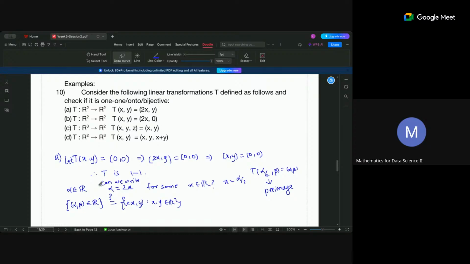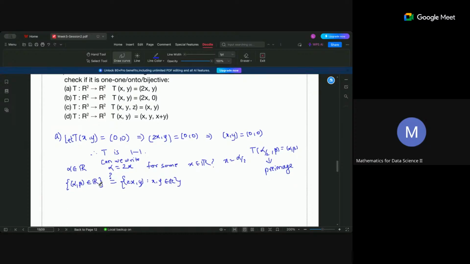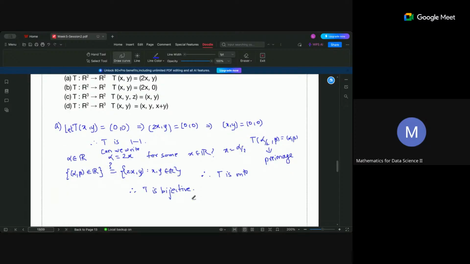Okay, now part B I am giving to you. Let's see how many of you are able to do it correctly. So here the answer is T is onto. So T is both one-to-one and onto, therefore T is bijective. B is only onto.